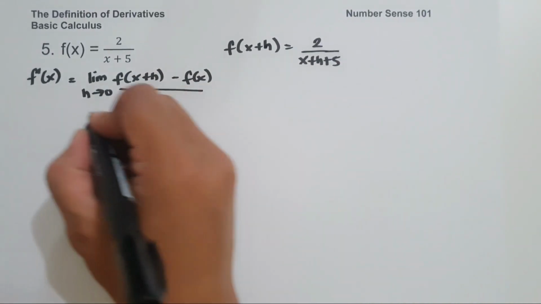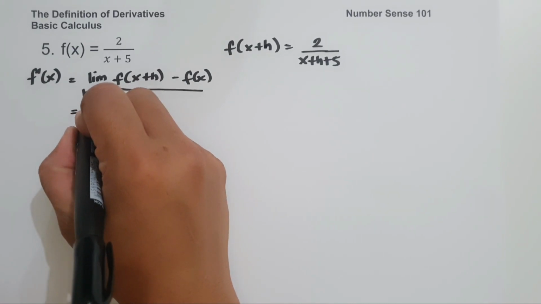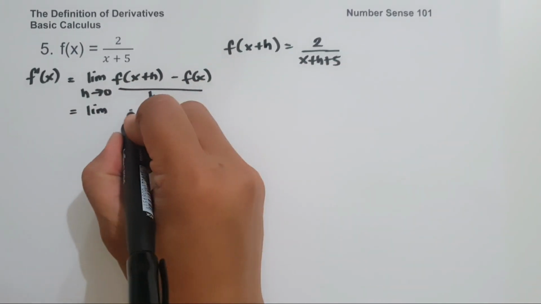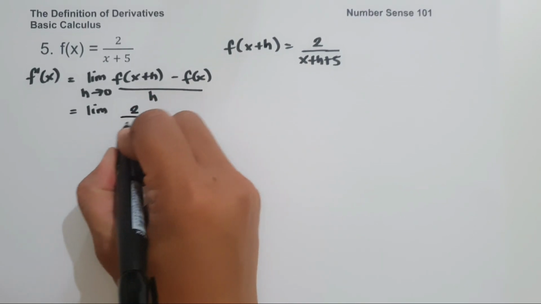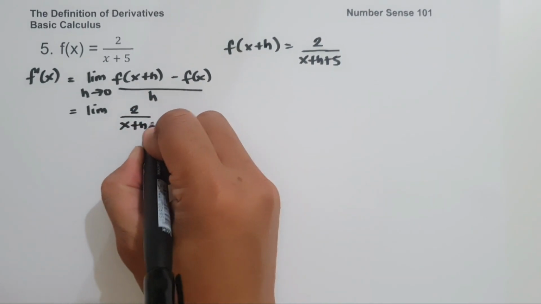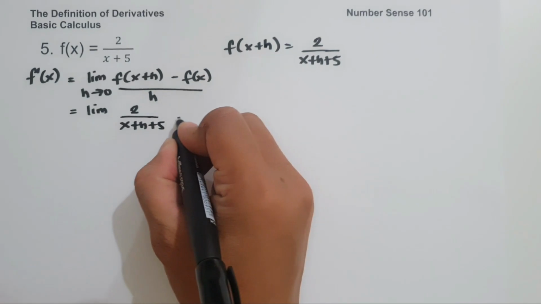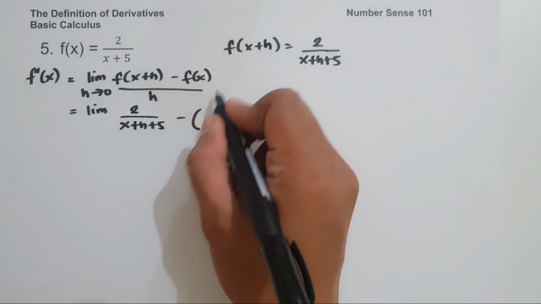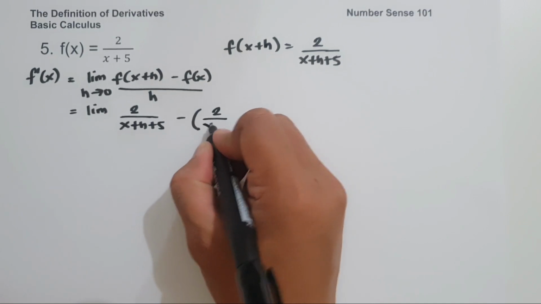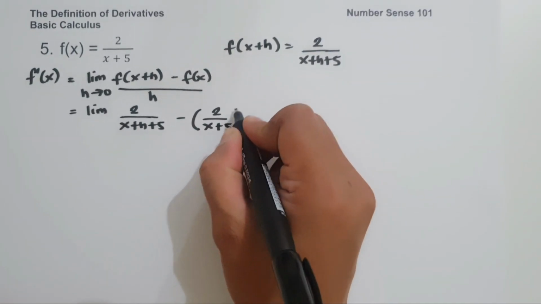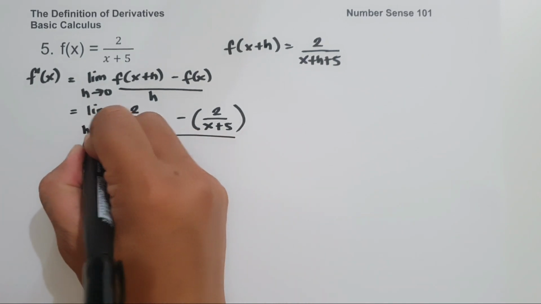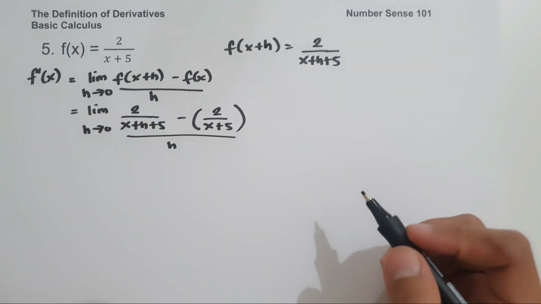We simply change x to x plus h. So let us have the limit of f of x plus h, that is 2 over x plus h plus 5, minus f of x, that is 2 over x plus 5, all over h as h approaches 0.